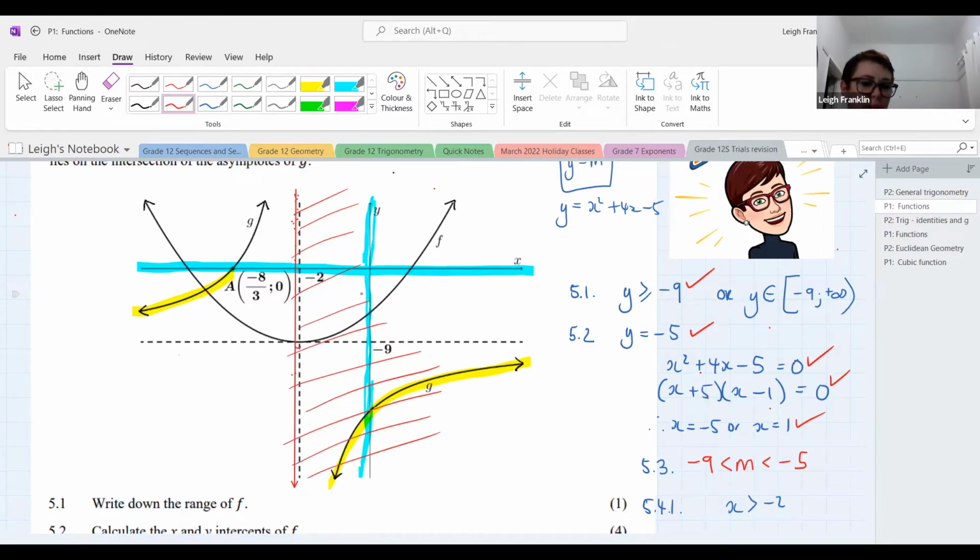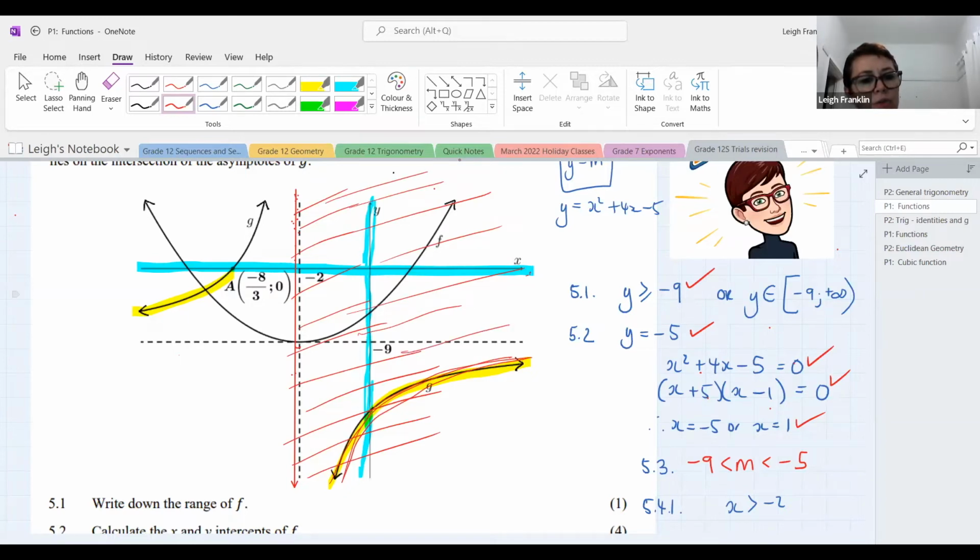It's below the x-axis, it's below this line. So this is where g of x is negative, and as it gets closer and closer to your asymptote, that is where x is equal to -2. So anything to the right of that has got to be bigger than -2. We are just describing this region of the graph on the right-hand side.